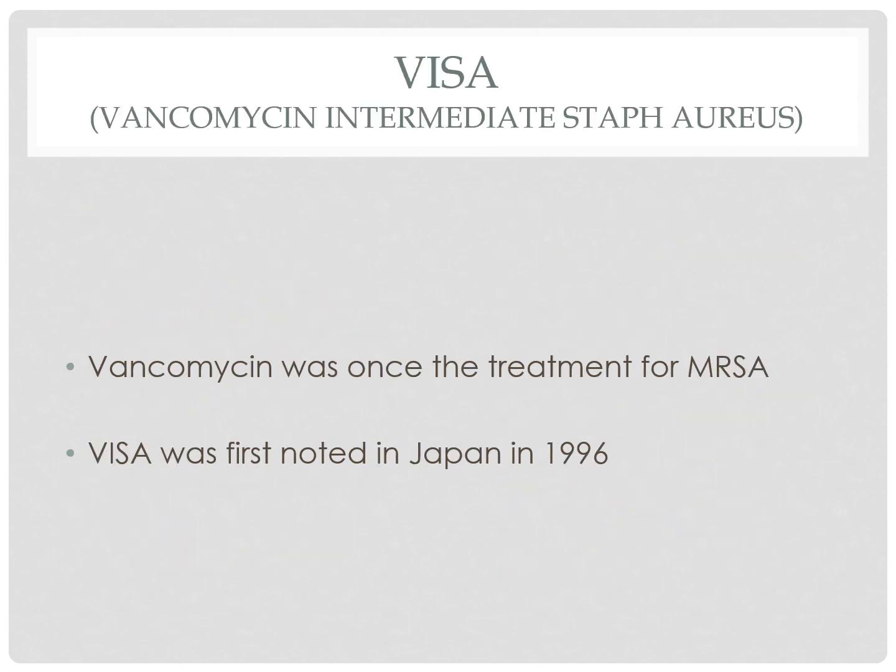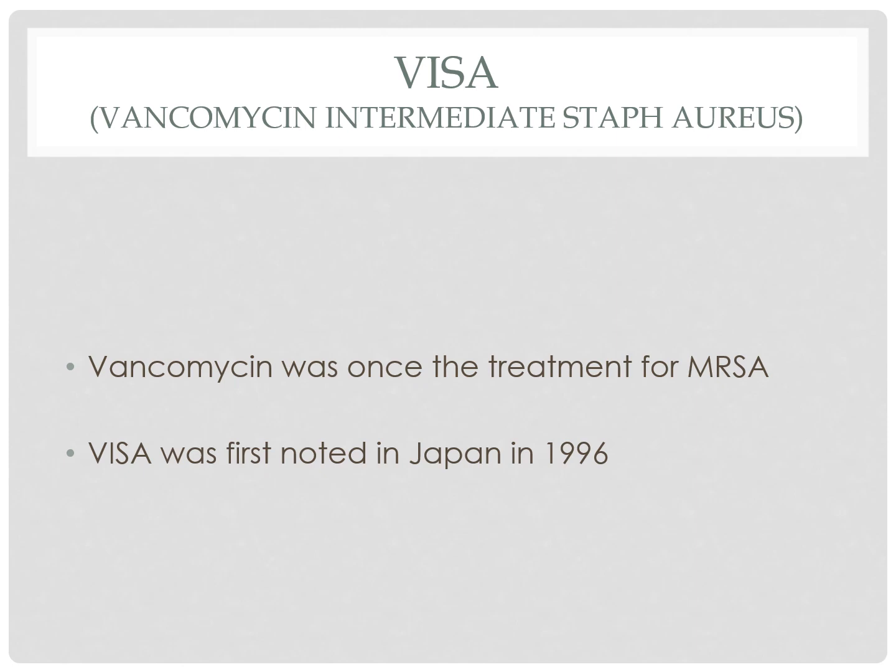VISA stands for vancomycin intermediate Staphylococcus aureus. Now, that could be a problem because vancomycin is typically used to treat people that have difficult cases of MRSA. And if you have a difficult case of MRSA and you cannot treat with vanco, then what do we treat with? So that could be a problem. Theoretically, up to 2.7% of all MRSAs are actually VISAs.